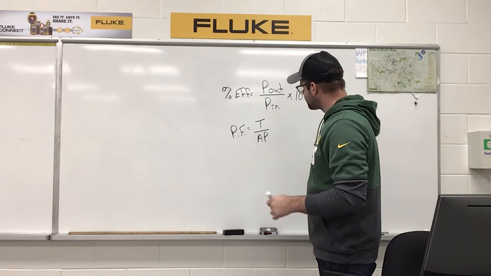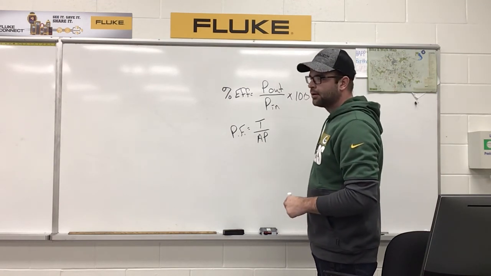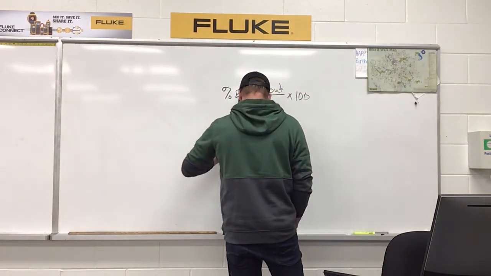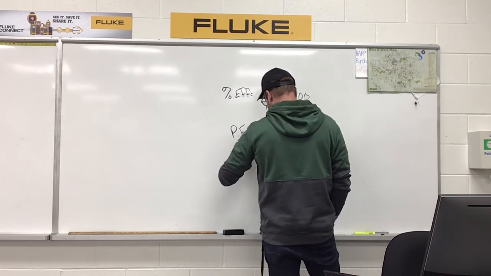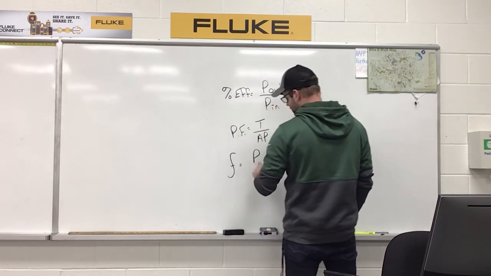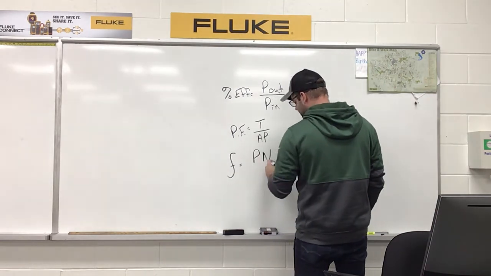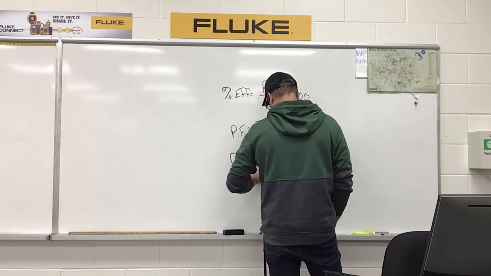And then also want to look at our frequency formula. So frequency is equal to our number of pole pairs times the speed divided by 120.